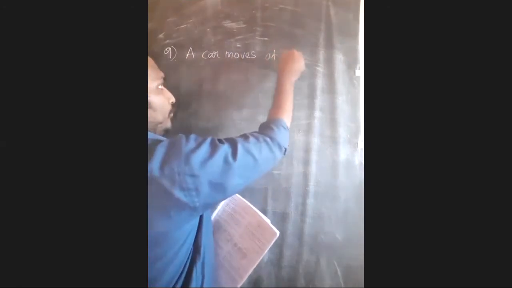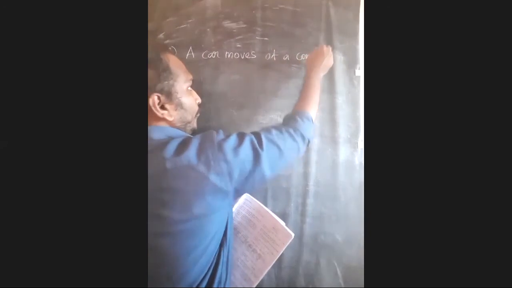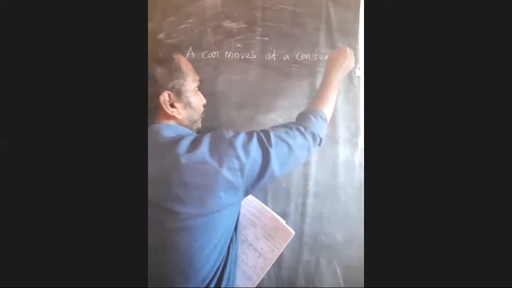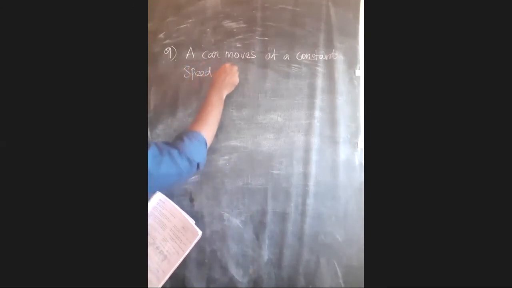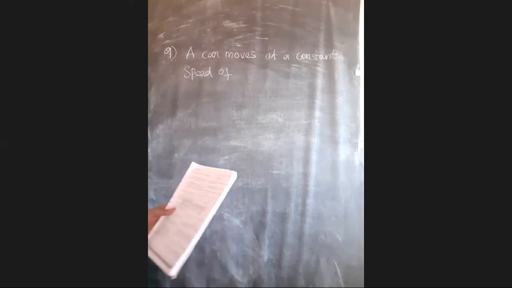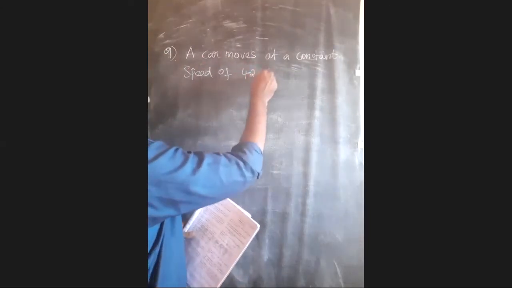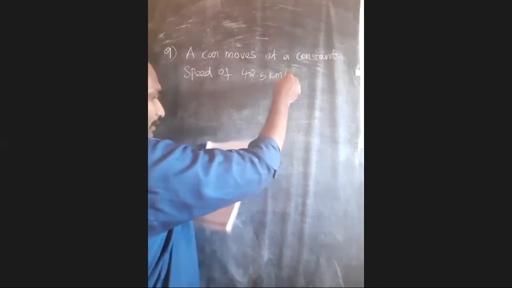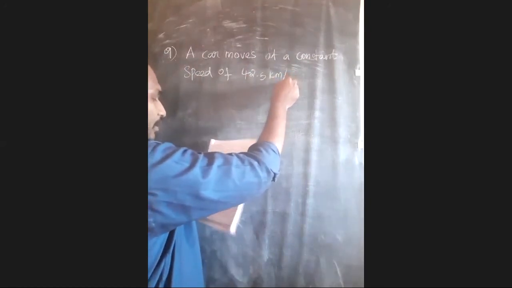A car moves at a constant speed of 42.5 kilometers per hour.